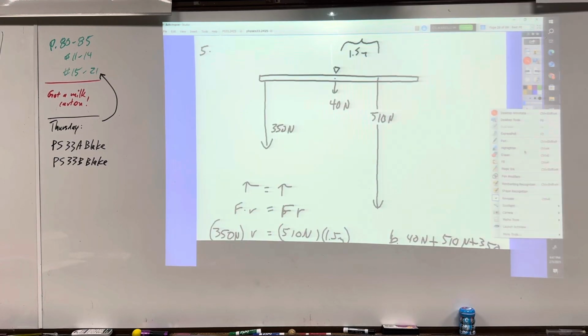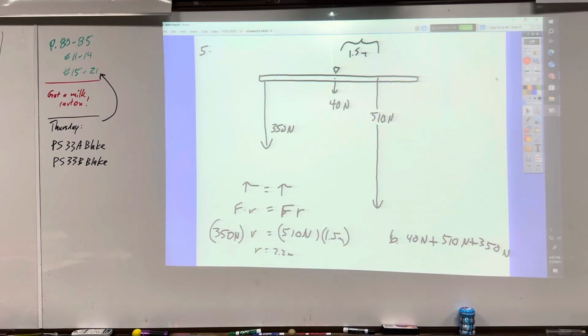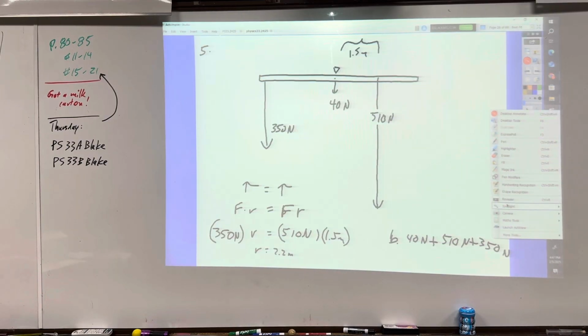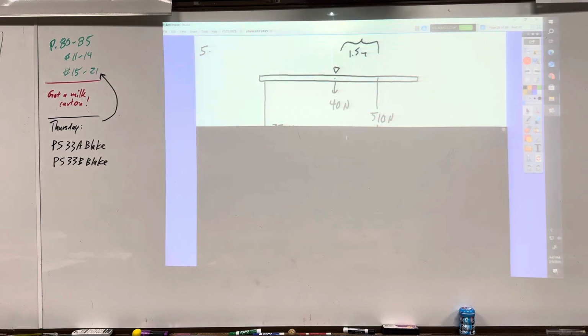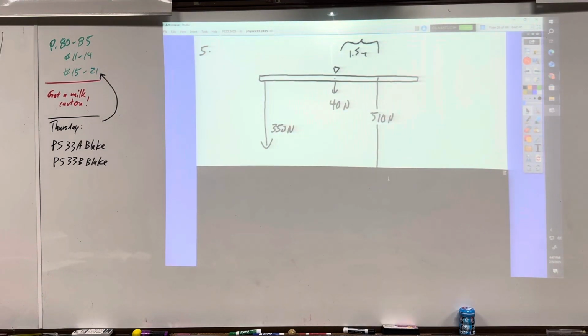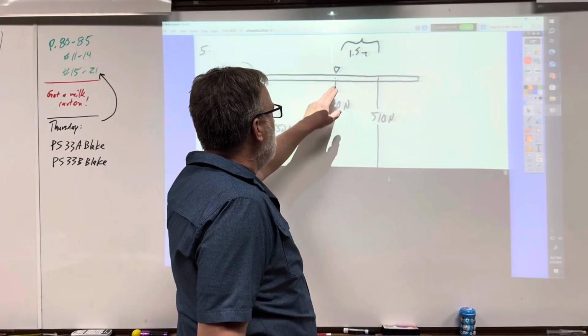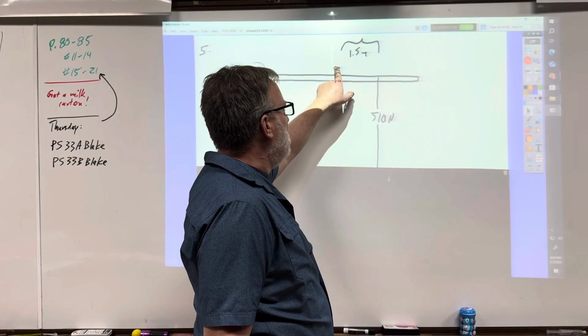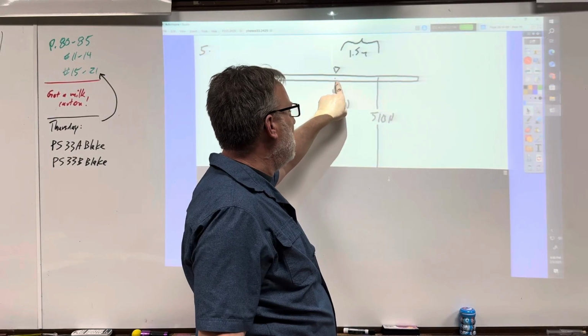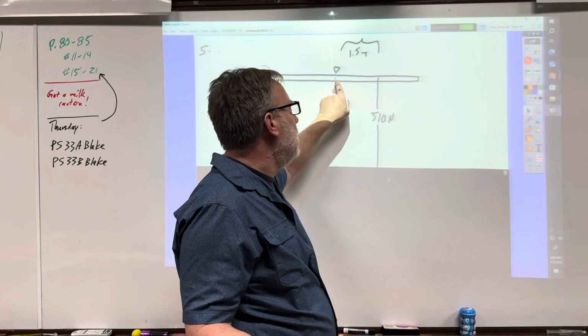And the way that's going to look is the board's 40 newtons, but right there where the fulcrum is, that's where the center of mass is, so the board's not going to come into play.